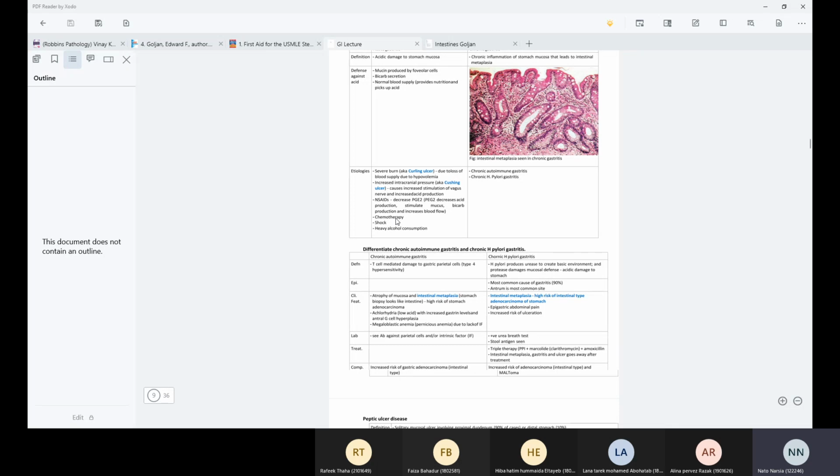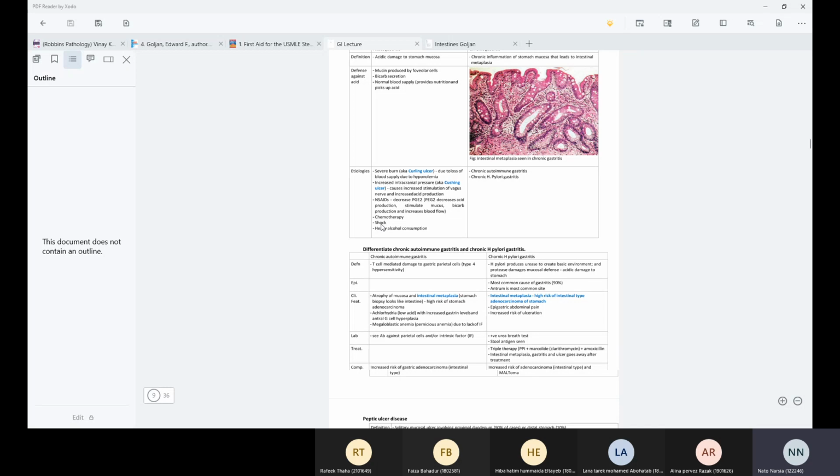The mucosal epithelium of the stomach has highly proliferative potential and recovers easily. For that reason it is badly affected after chemotherapy. So it is a very common complication of chemotherapy to get severe gastritis, and sometimes you can have ulcer.